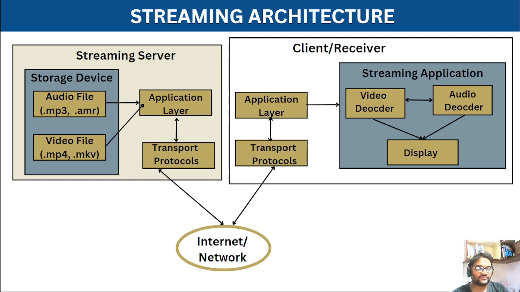If you have a streaming server, and in the server you have storage with audio files and video files, and a client requests to listen to a particular audio or video stream, then the content inside the audio file goes to the application layer, and the application layer passes the data and other details to the transport protocols.